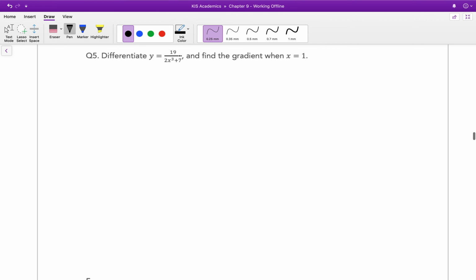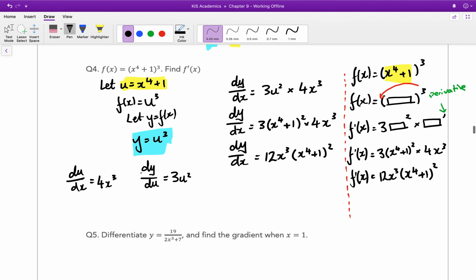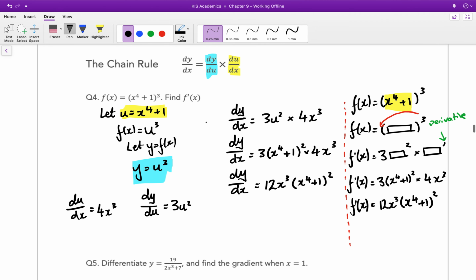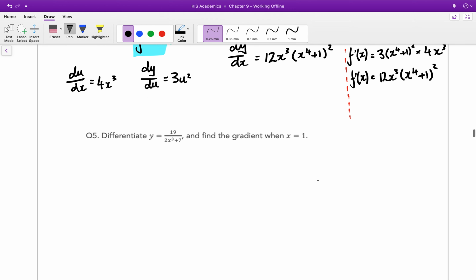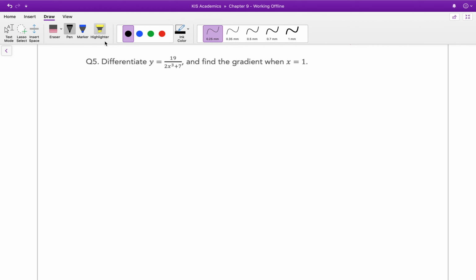Differentiate this function and then find the gradient when x equals 1. I'm going to do it both ways. So we're going to do it the way here using y, u, and x, and then we're going to use the shortcut method as well. So this is going to be our dy dx equals dy du multiplied by du dx method.